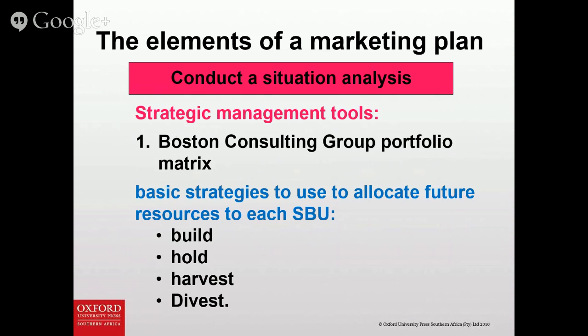This strategy approach classifies some businesses as stars. The basic goal is to increase the short-term cash return without too much concern for the long-term impact on the business. The divest one is basically to get out of the business that you're already in. Whereas the harvest one is to say, how can we get as much as we can from this business before we either sell it or divest from it.